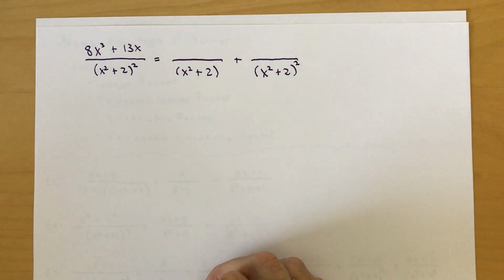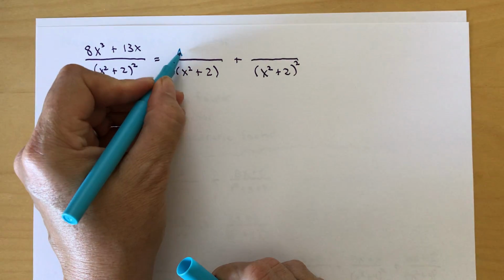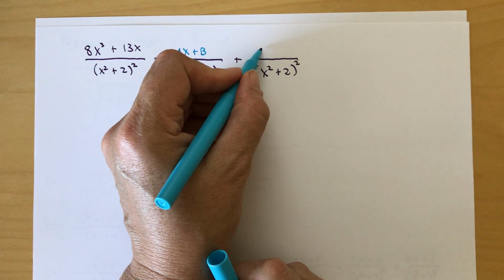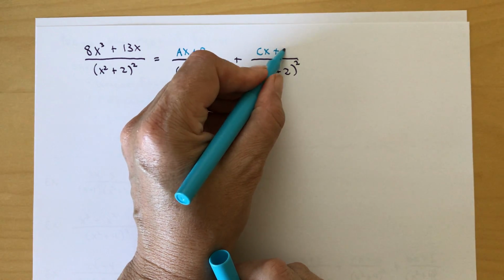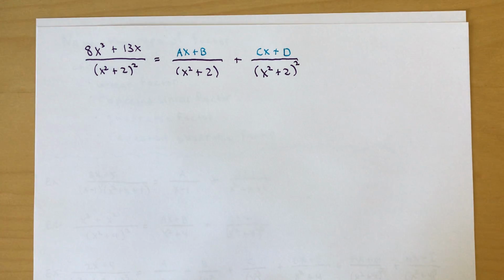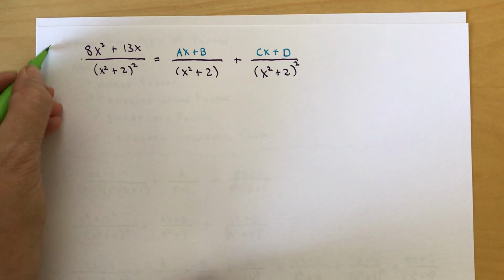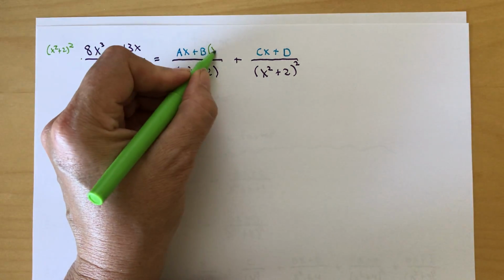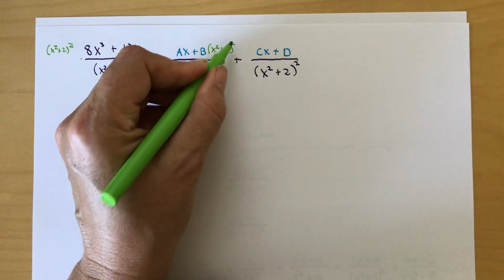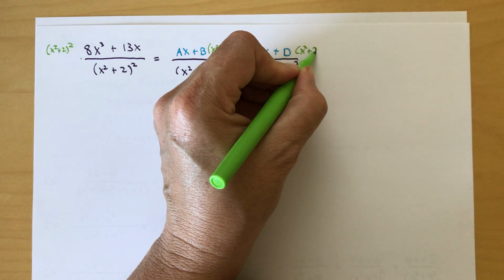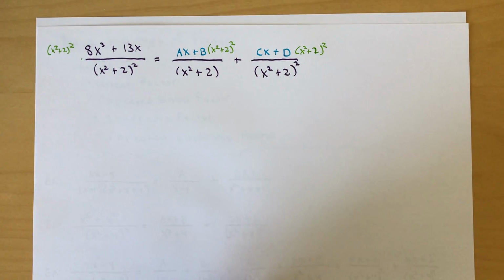And then in the numerator, since this is quadratic, I will need an ax plus b. And this is quadratic, so I will need a cx plus d. Then I'm going to multiply through by the common denominator, x squared plus 2 squared.